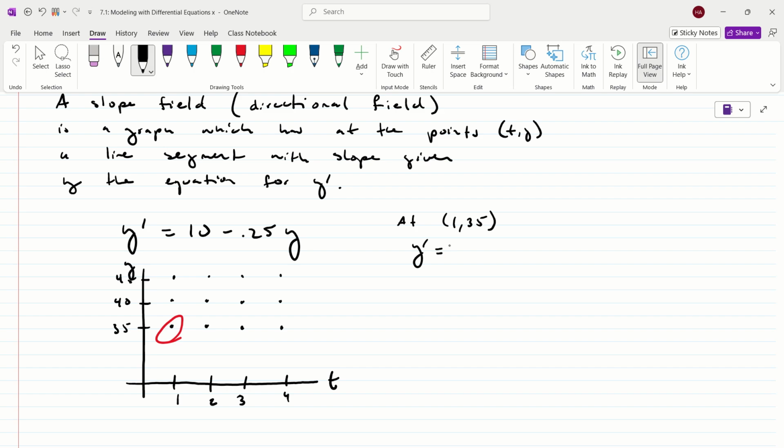So that gives me 10 minus 0.25 times 35. Let me go ahead and compute that out. I get 1.25. So for that first point, I'm going to have a positive slope of 1.25. It's approximately that right there.